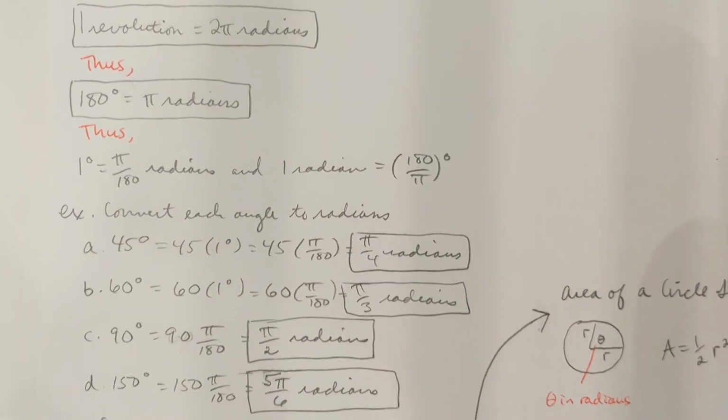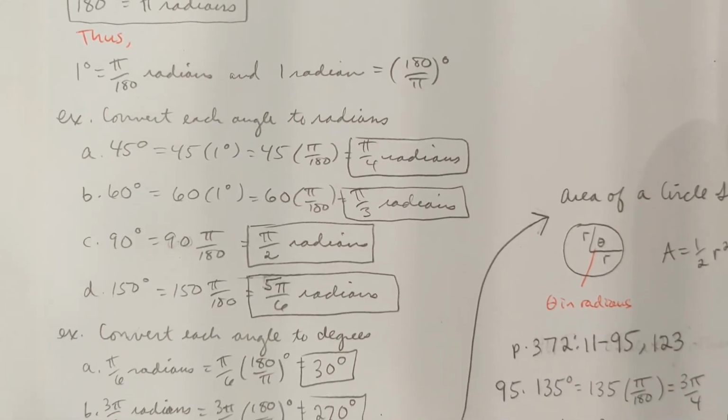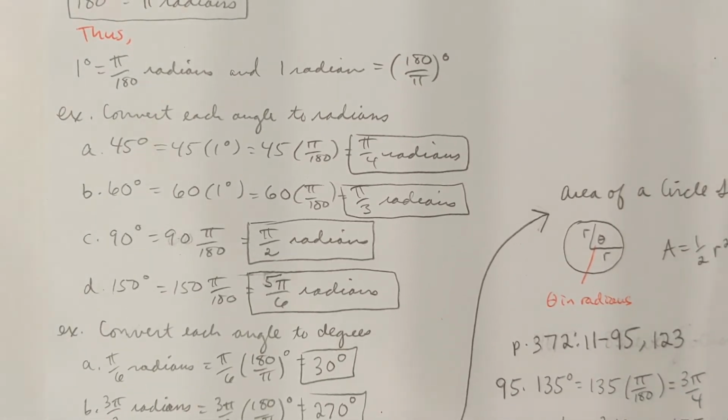Now, there's kind of a mix of the units that they'll be using here in the book. I mean, some of the problems are going to be where you'll be given answers in degree measure, and some of them will be where you'll be given answers in radian measure. Be sure that you pay attention to the directions and how they want the answer represented. Okay, I feel like they are very clear about that in the book.